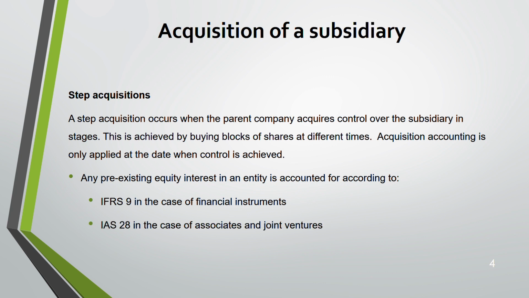If it's more than 20 and less than 50, IAS 28. And if it's a joint arrangement, they will tell you, then IFRS 11. IFRS 11 is, by the way, the next standard after this lecture. After IFRS 10 is IFRS 11. It's a small standard which we are going to go through. But IFRS 9 and IAS 28 I've already covered. Please go back and check.